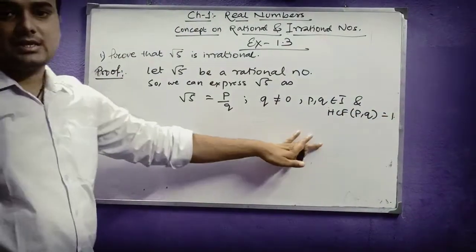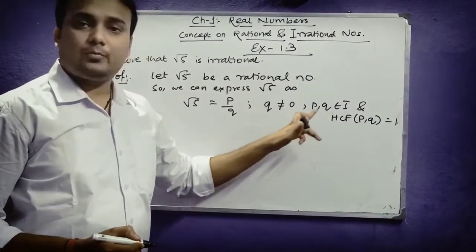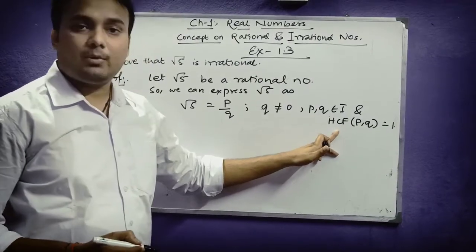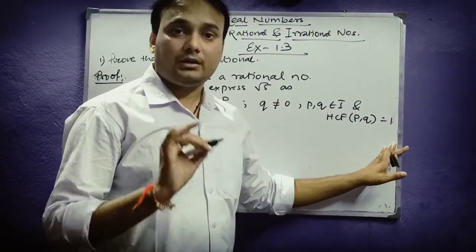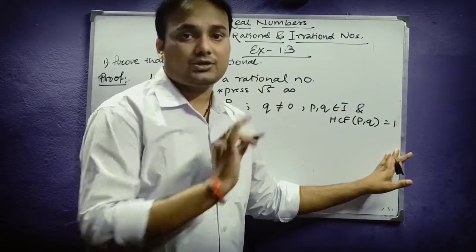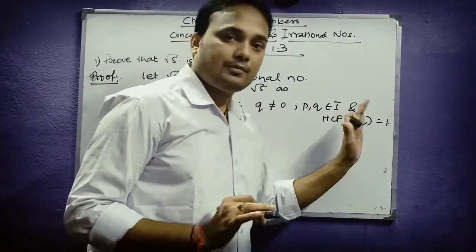So the conditions are Q should not be 0, both should be integers, and the highest common factor of P and Q should be 1, which is one of the most necessary conditions for a number to be rational. So since this is a rational number, HCF of P and Q will be 1.